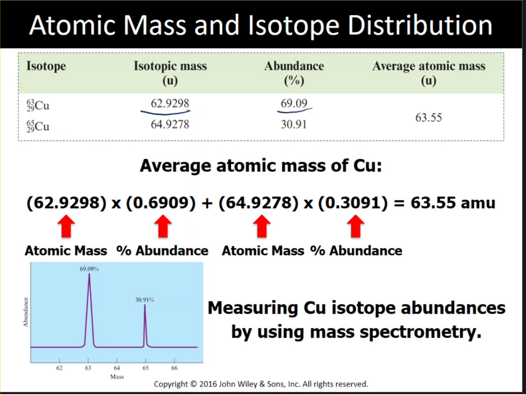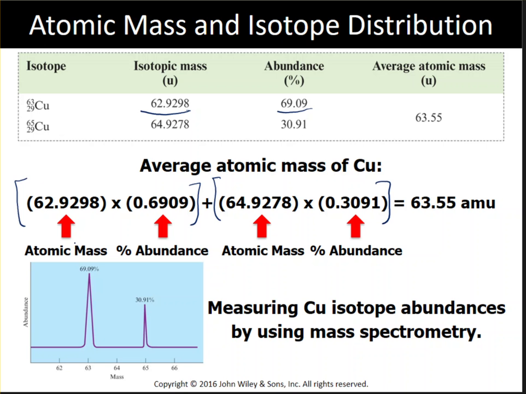This is the formula. You get the atomic mass of each isotope multiplied by the percent abundance. Since copper has only two isotopes, we do this two times.